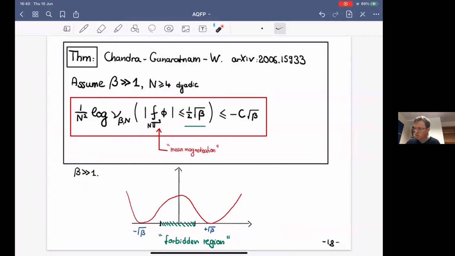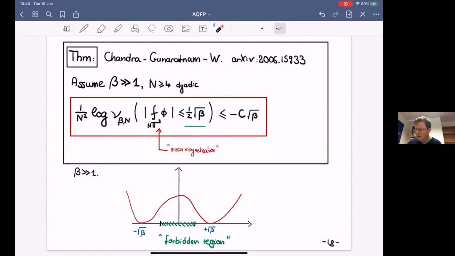And then what we prove is that if you look at the average spin over this whole torus, so if you want the mean magnetization, then the probability that this is less than half square root of beta is exponentially small. So you see my cartoon down here again. There's this double well that you have underlying, and it has its minima at plus minus square root of beta.